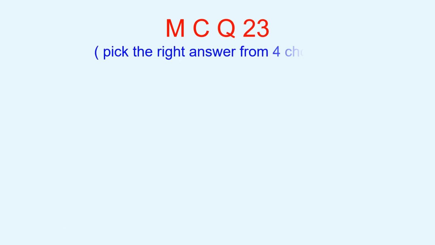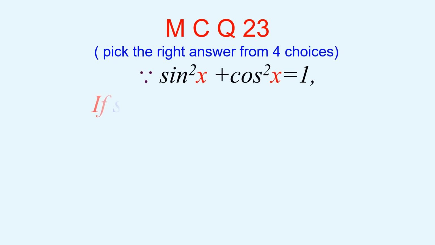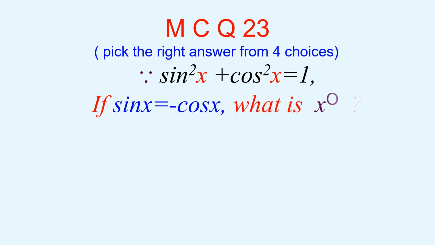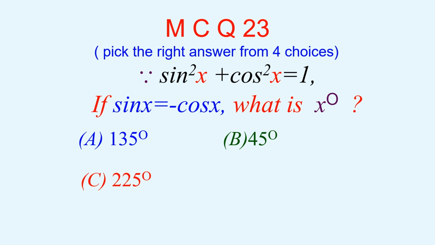MCQ number 23. Since square of sine of x plus square of cosine of x equals 1. If the sine of x equals minus the cosine of x, it is true if the value of x is A. 135 degrees. B. 45 degrees. C. 225 degrees. D. 120 degrees.